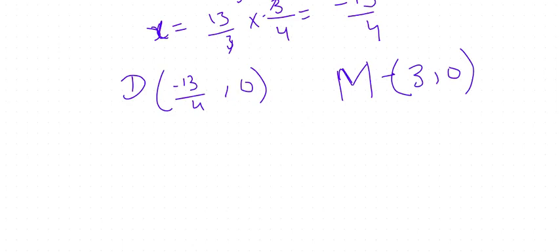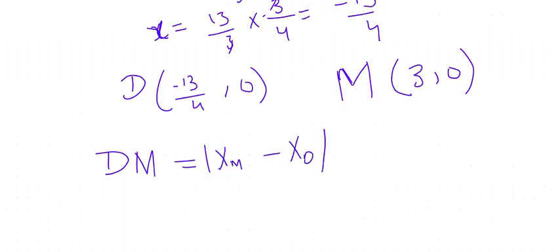Since both points lie on the x-axis, we simply find the difference in their x coordinates. So DM equals x_M minus x_D, okay? So we have 3 minus, into minus 13 by 4.